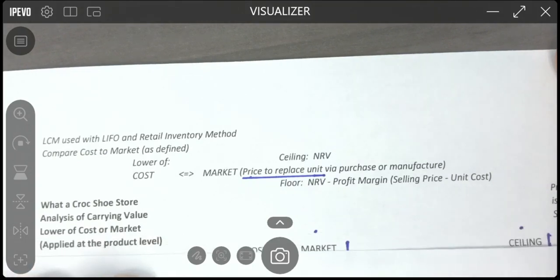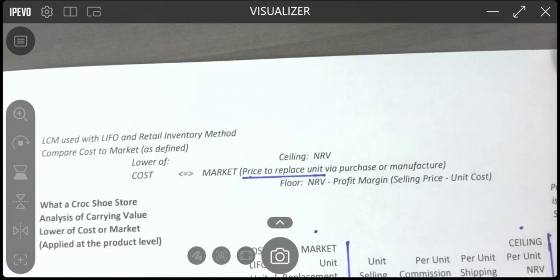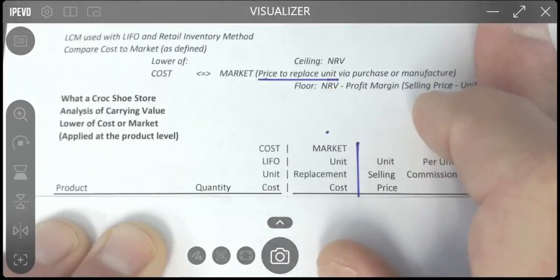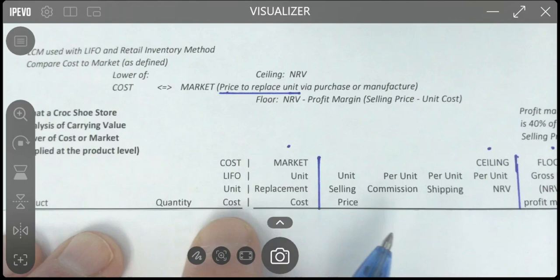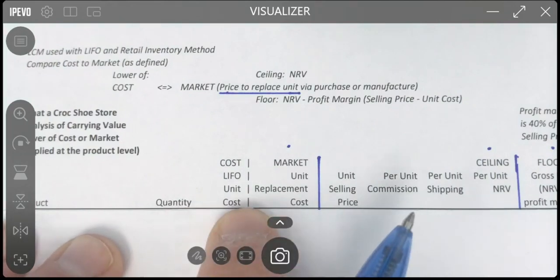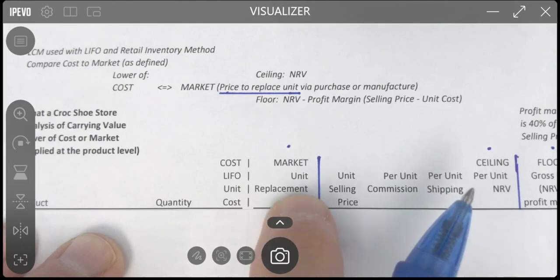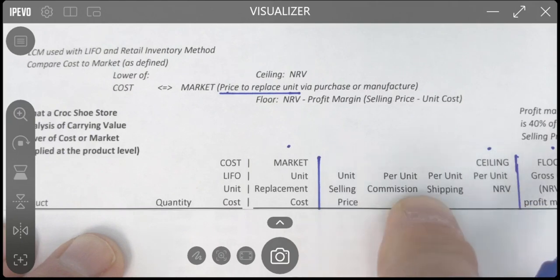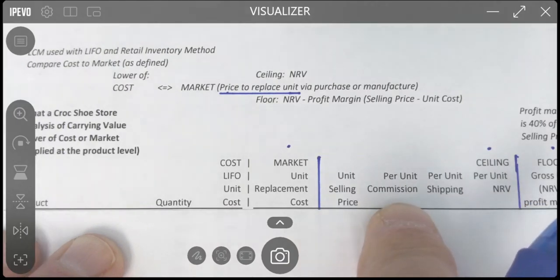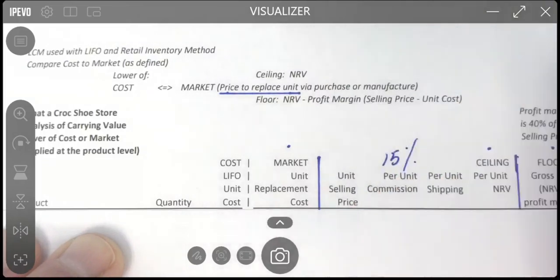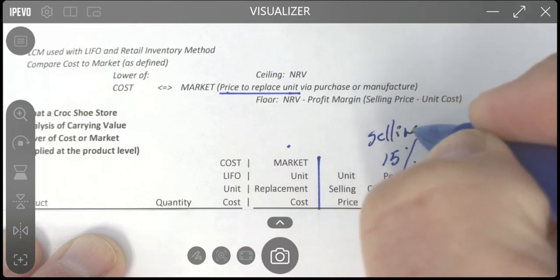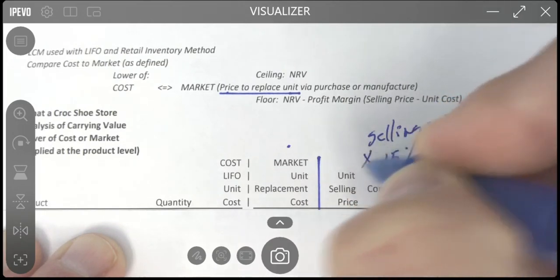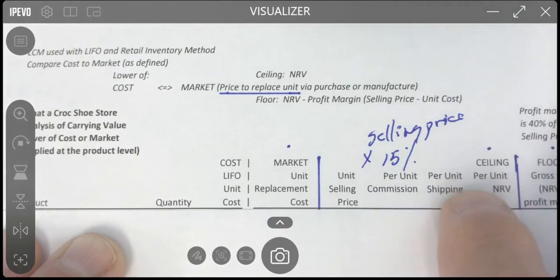All right, so here's the table I used for this. We have the products, the current quantity of the product in pairs, the LIFO cost, the market, which is unit replacement cost, the unit selling price, the per unit commission, which recall is 15% of the selling price, and the per unit shipping, which recall is 0 for this case.